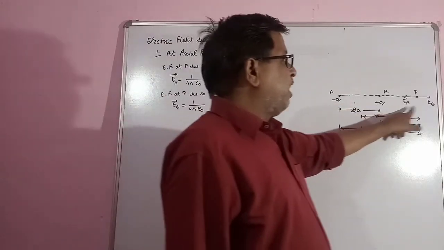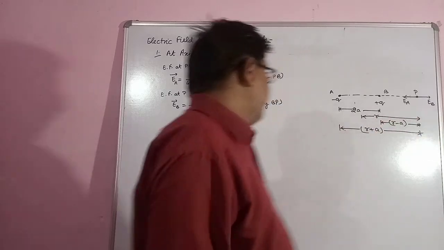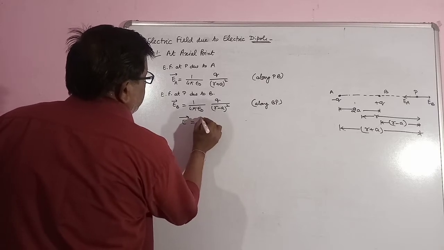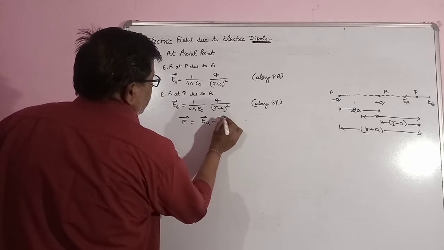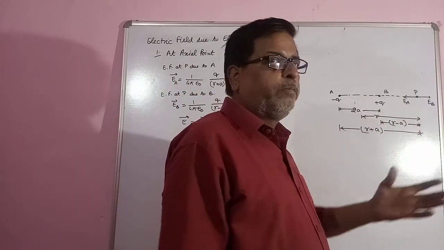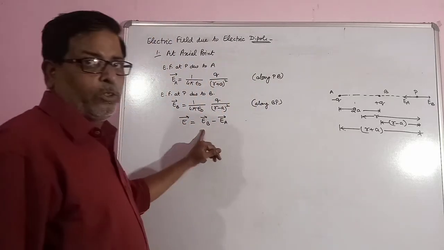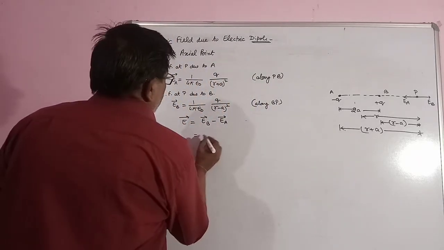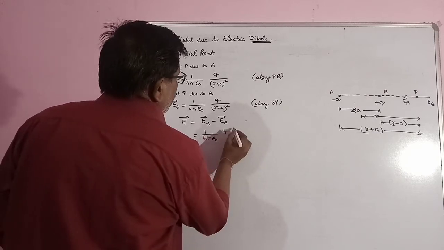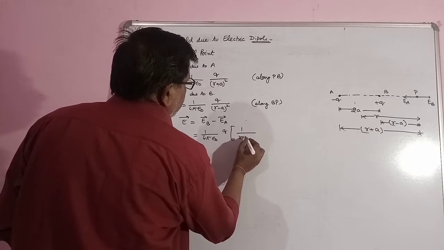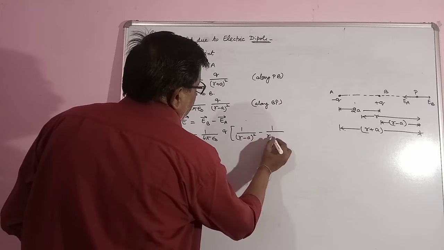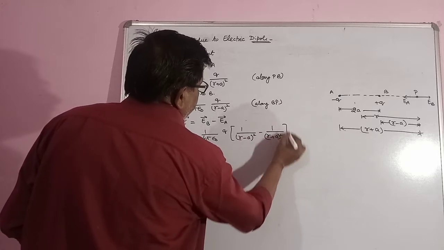These two vectors are directly opposite, so the net electric field will be EB minus EA. Since the two vectors are opposite, we can calculate the net electric field by directly subtracting the smaller from the larger. So we get 1 over 4 pi epsilon naught as common, q times 1 over (r minus a) whole square minus 1 over (r plus a) whole square.